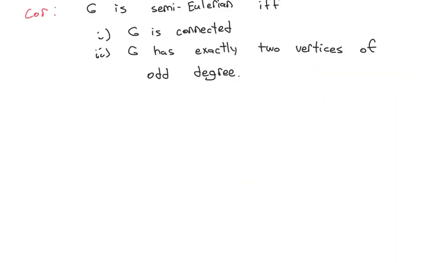To end this video, I will point out that there's a similar result. A graph is semi-Eulerian or has an Euler trail if and only if G is connected and the graph has exactly two vertices of odd degree. So I remember in high school there's always the challenge to draw this house with a cross going across the middle of it without lifting up your pencil.